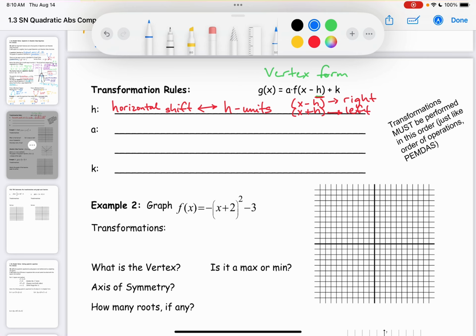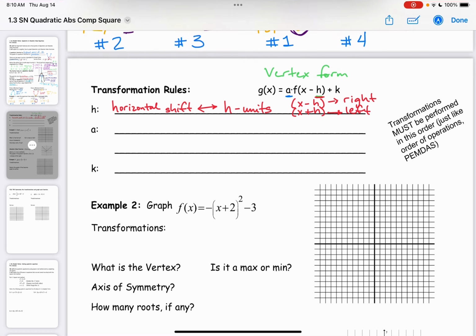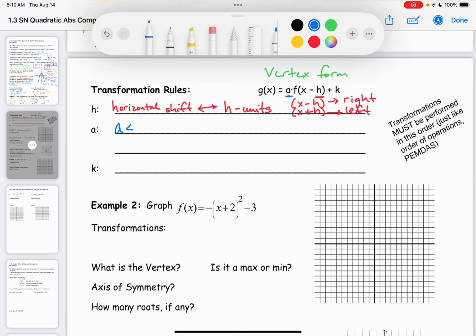Next, let's look at our A value. I'm going to go quick on this one because we've already talked about A and we've already worked some examples with A. So if A is less than 0, which means it's negative, it's going to reflect over or about the x-axis. That's just a proper math vocabulary way of saying that it opens down.